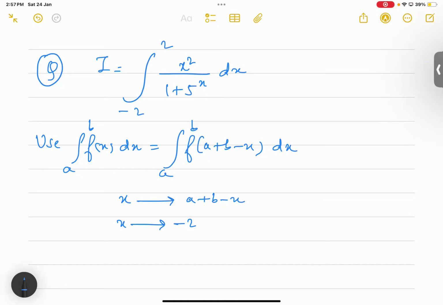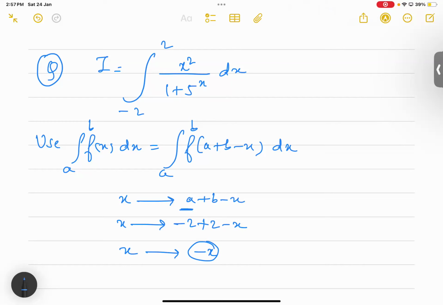A plus b minus x. So x will get replaced with minus x; wherever there is x, we'll have minus x. What is a?